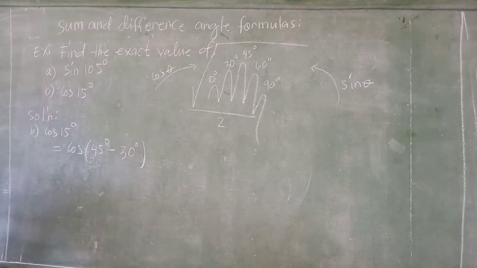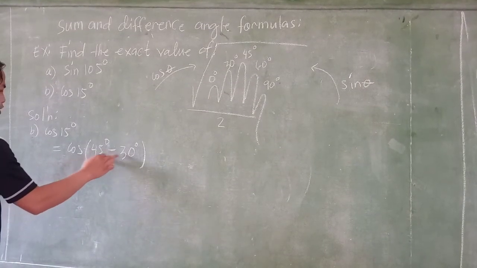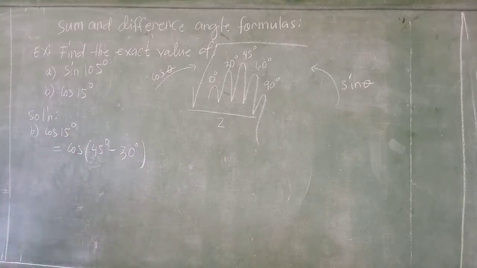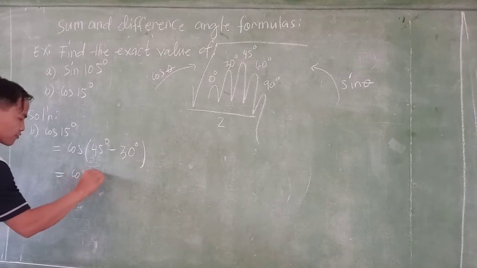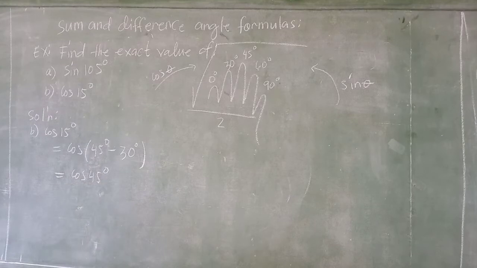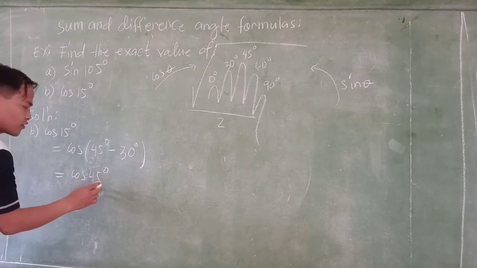We have 45 degrees minus 30 degrees, that is equivalent to 15 degrees. Next, we will have to simplify first cos of 45 degrees. Katong ganinang formula, pwede ito magamit. Basta na difference, magamit yung largo, no? So, cos of 45.